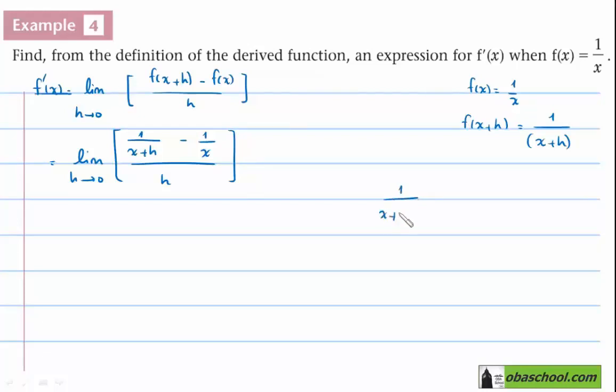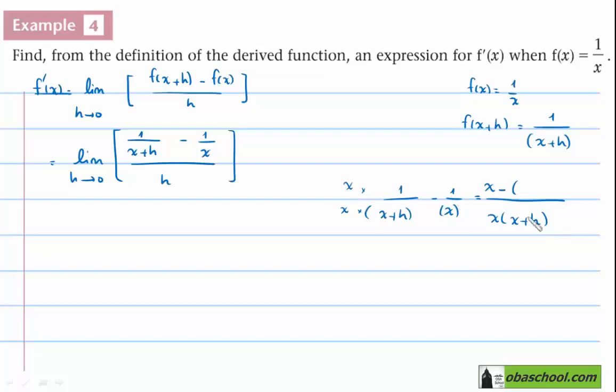Then 1 over x plus h minus 1 over x. We need to find a common denominator, so we multiply both denominators so it's common between both. Then it's x multiplied by x plus h, or we can say we multiply the first fraction by x over x.